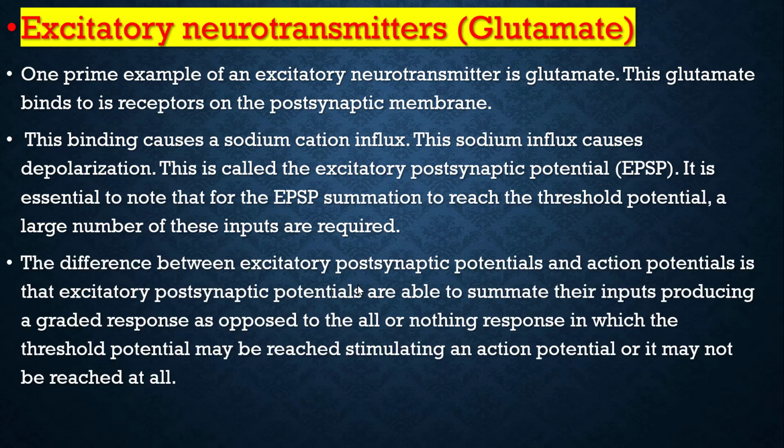The difference between excitatory postsynaptic potential and action potential is that excitatory postsynaptic potentials are able to summate their input, producing a graded response, as opposed to the all or nothing response in which the threshold potential may be reached, stimulating an action potential, or it may not be reached at all. So if the summation is sufficient, an action potential will be produced.